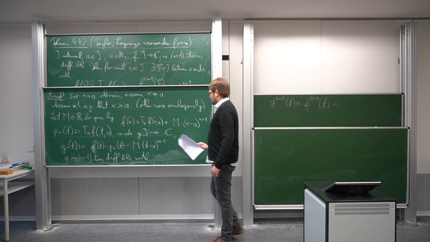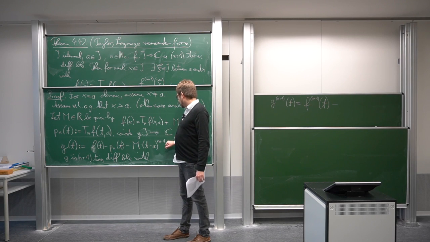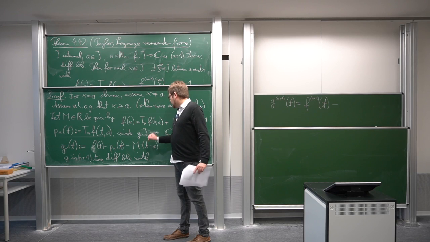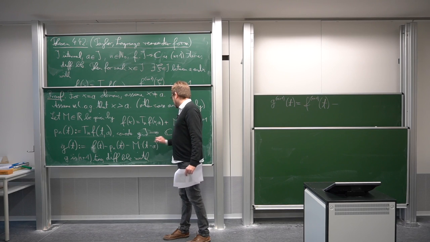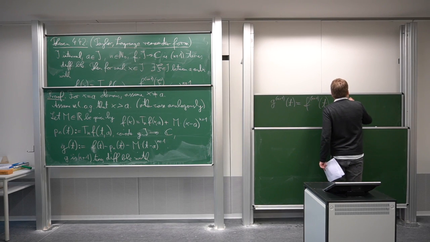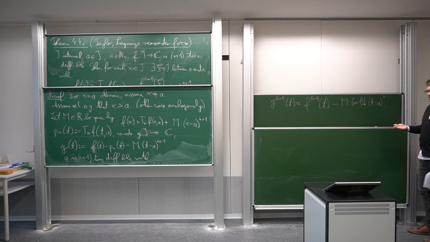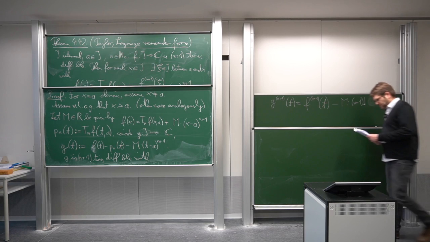By the standard derivation rule, we see that this is m as a constant factor times, and now we get the exponent. Every time we derive, we put the exponent in front and lower it by 1, and then put another exponent in front, and so on. So what remains is m times, after n plus 1 times, (n plus 1) factorial times (t minus a) to the power of 0, and this is of course just 1. So we can erase this again and get this clean expression here for the derivative.